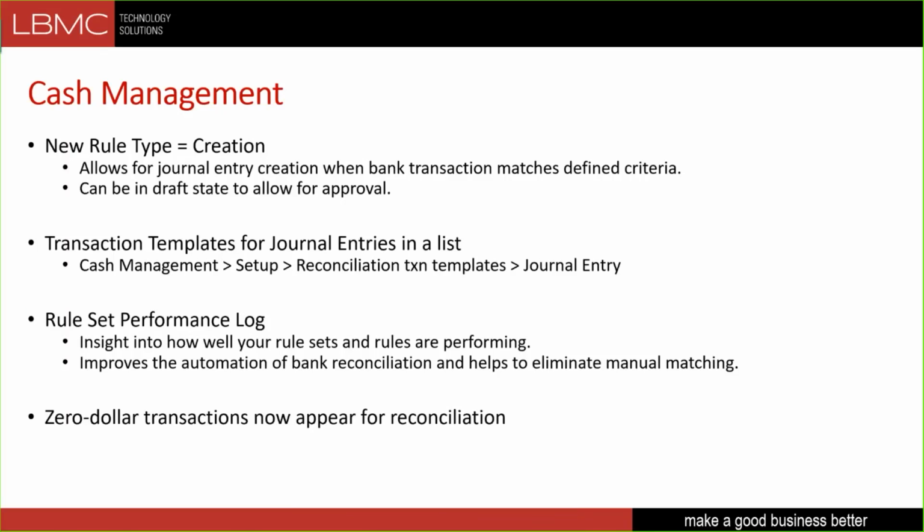So what this is, you will set up criteria for Intacct to look for in the bank feed, and when it matches, it can create a journal entry for you to be in draft state or to go automatically to posting into your cash ledger. And they will be stored in a list called reconciliation transaction templates. And so we'll look at that list.